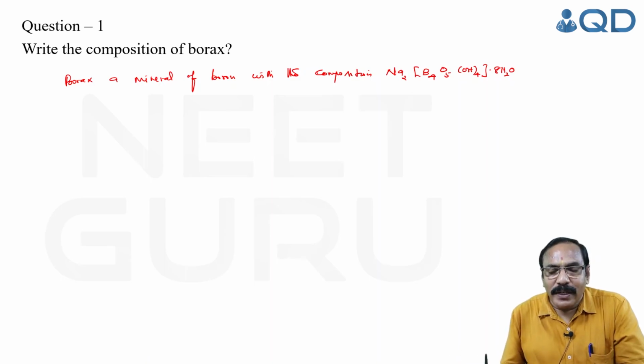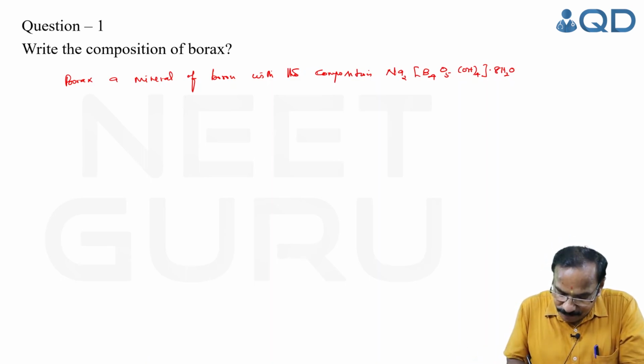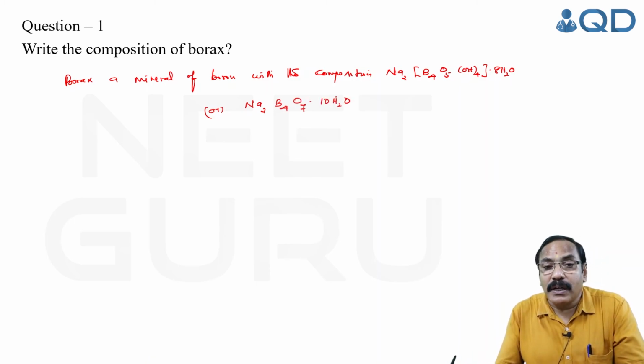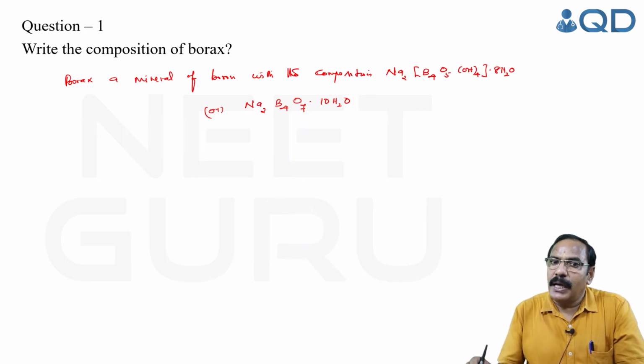You can also write the composition of borax as Na2B4O7·10H2O, but it does not convey the actual composition. The actual composition of borax is Na2B4O5(OH)4·8H2O.